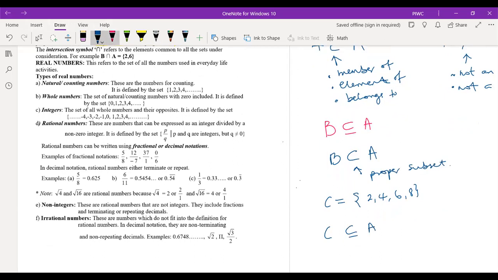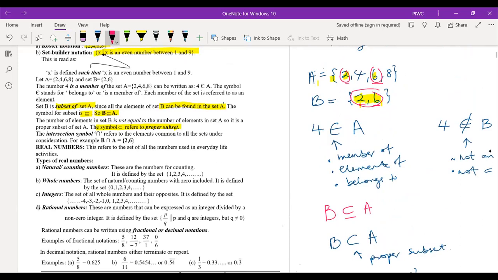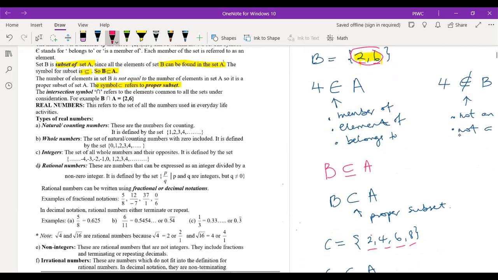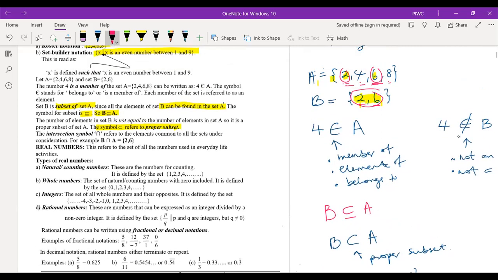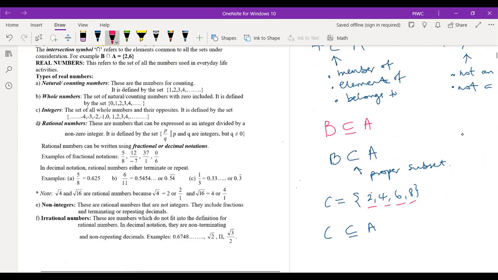Because all the elements that I have in C, 4 elements, 2, 4, 6, 8, can be found in set A, 2, 4, 6, 8 right there. So C is a subset because all the elements can be found in A, but it is not a proper subset because I have 4 elements in C that match the 4 elements in A, so you can think of that as an equal number of elements.